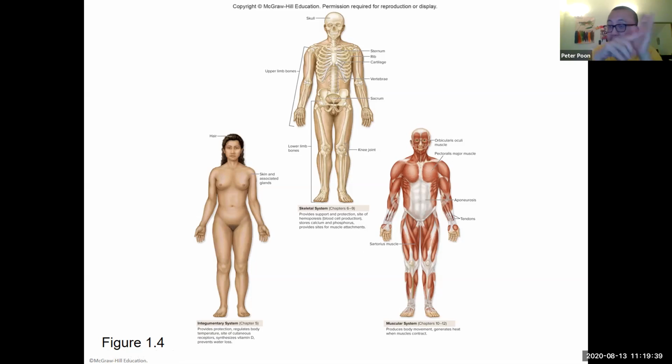Usually they're called the musculoskeletal system, and I'm sure you've heard that term before. The muscles attach primarily to the bones, and that's how you actually move. So the skeletal system is the bones, the muscular system is the muscles, and the muscles help you move.